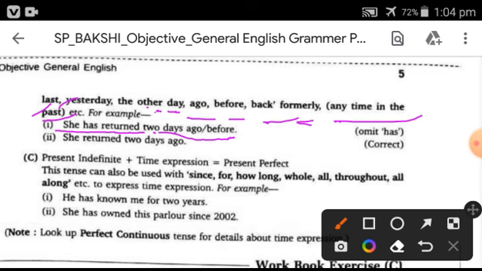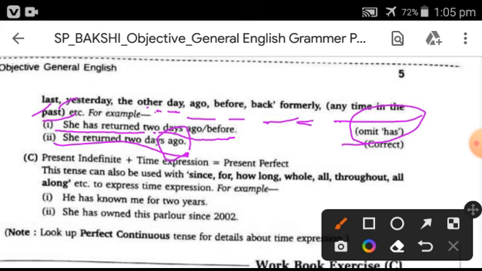The second sentence, she returned 2 days ago. Ago is also a past time word, and so she returned 2 days ago is correct, because past time is used and past indefinite tense is also used. So this sentence is absolutely 100% correct. You need not change it.